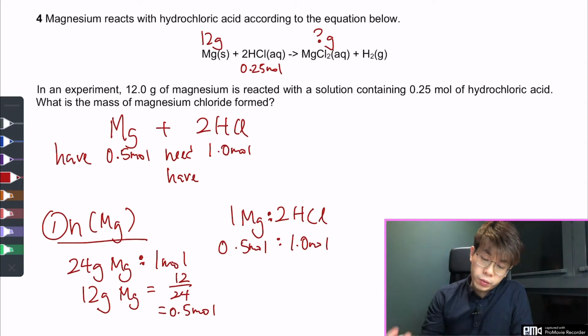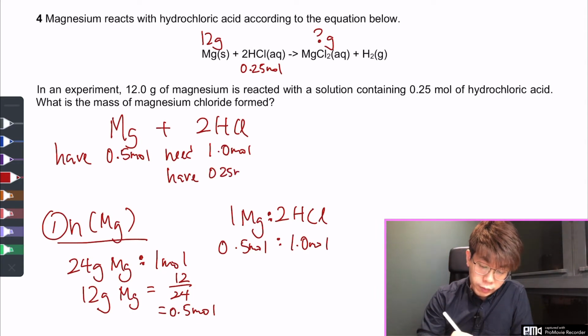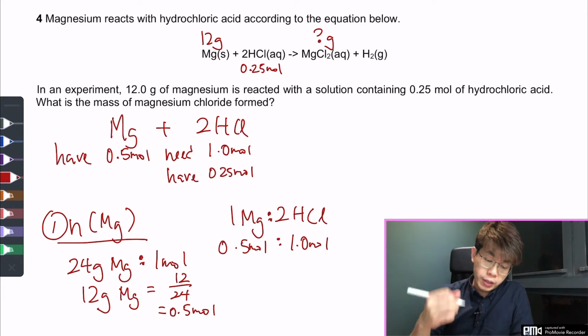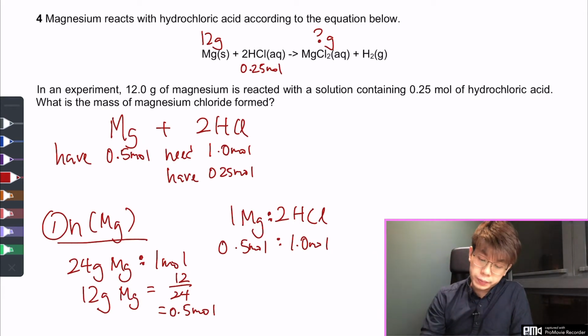But the question told me that I'm only given 0.25 moles of HCl. That means that I don't have enough HCl.